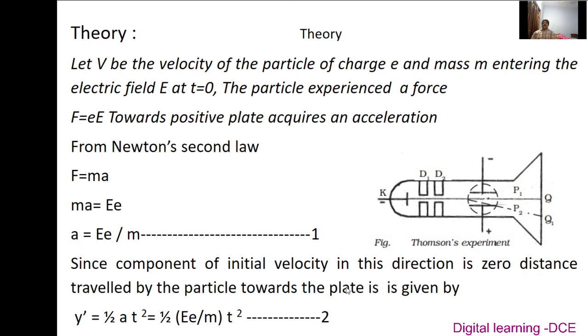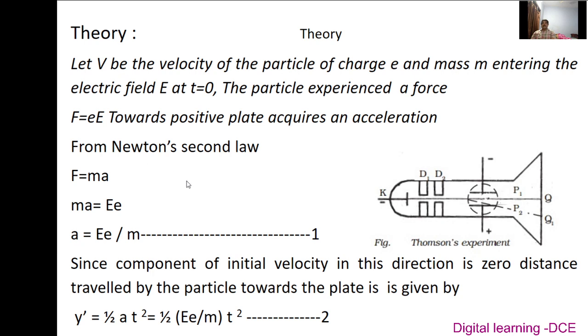The distance traveled by the particle towards the plate is given by y dash is equal to half a t square. That is because we know from the equation of motion that s is equal to ut plus half a t square. In this equation, s is the distance traveled, u is the initial velocity, a is the acceleration, t is the time taken.